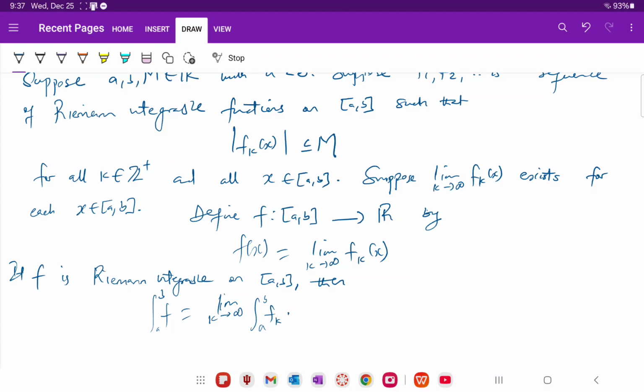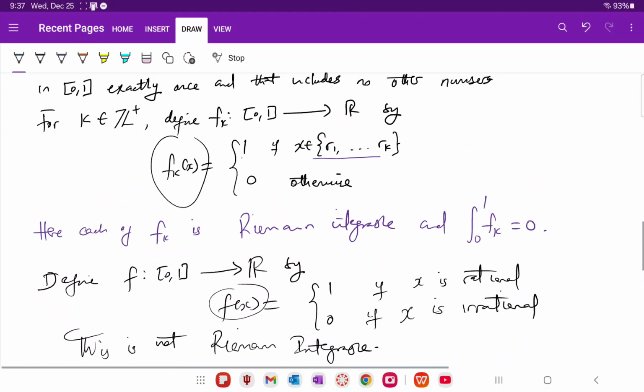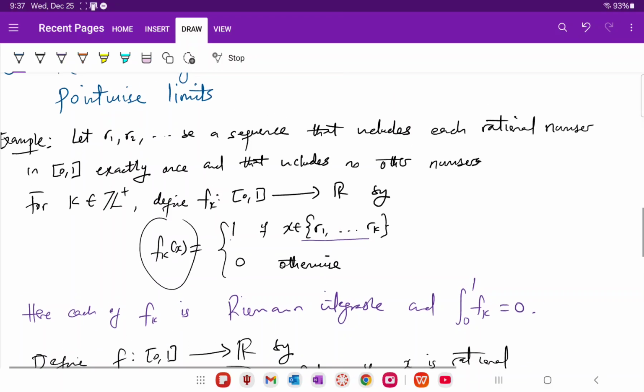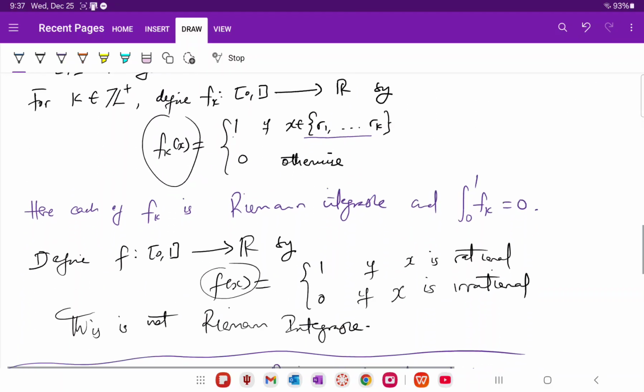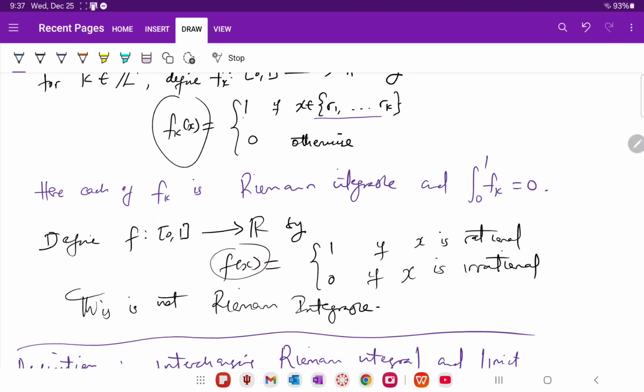Ideally, this should have followed from the hypothesis already given, but that is not the case. If we check the last example we did, we see that the pointwise limit function of a sequence of Riemann integrable functions may not necessarily be Riemann integrable.